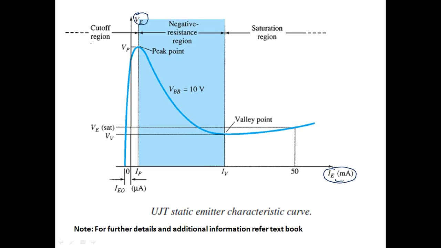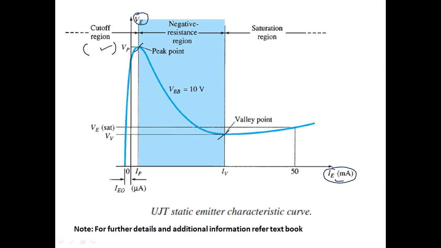You can very clearly observe that there are three regions. The first one is the cutoff region, and the second one, which is quite strange, is the negative resistance region.